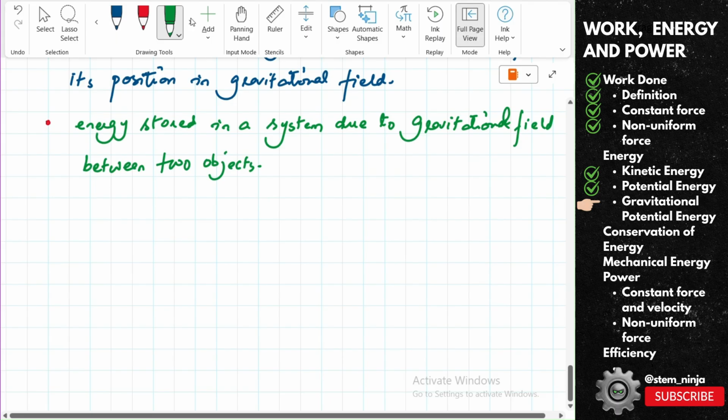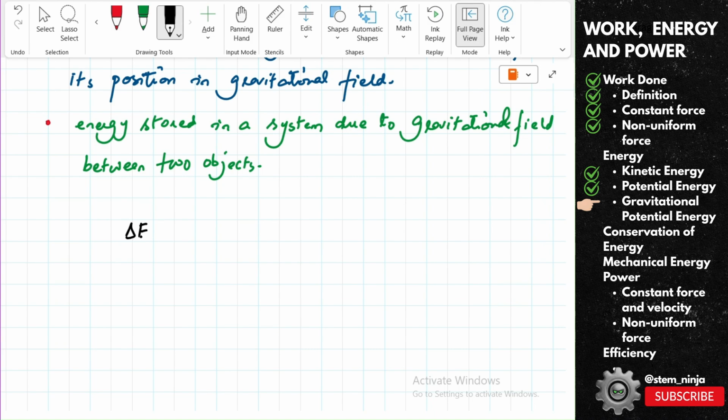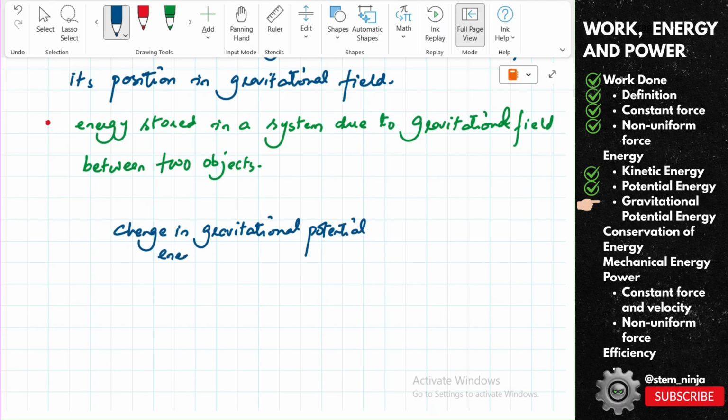Now, once again, we also studied this in the work kinetic energy theorem video before. I'll put the link above again. That the change in the potential energy, actually let's write it in words, change in gravitational potential energy, comes from the work done against gravity.